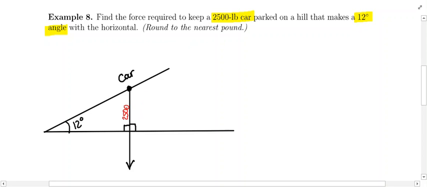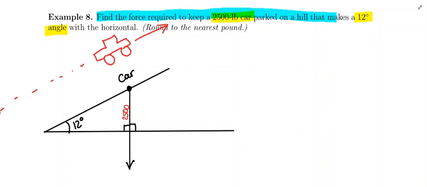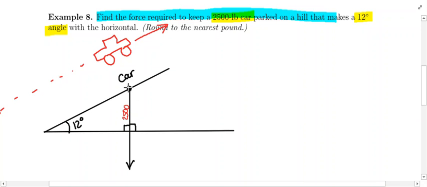So what are we trying to find here? We are trying to find the force required to keep this car parked on the hill. If you think about the car being parked on the hill, we're trying to keep it from rolling backwards. So the force to keep it from rolling backwards has to act in this direction. In terms of our picture, it's going to work like this, right here.